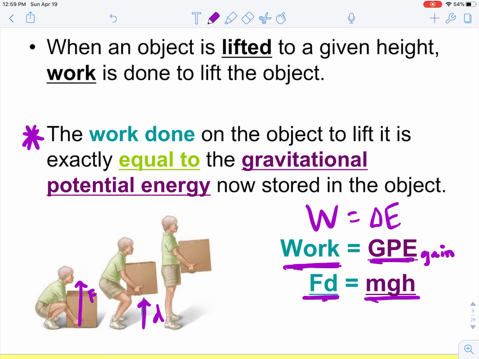I could also set gravitational potential energy equal to force times distance. And in this case, maybe you'll remember from old work problems, I would actually make this the force of gravity you're having to overcome. The equation for force of gravity is mass times gravity. These are basically the same equation, which kind of makes sense that they're directly related. Again, you're going to plug in different things based on what you know.